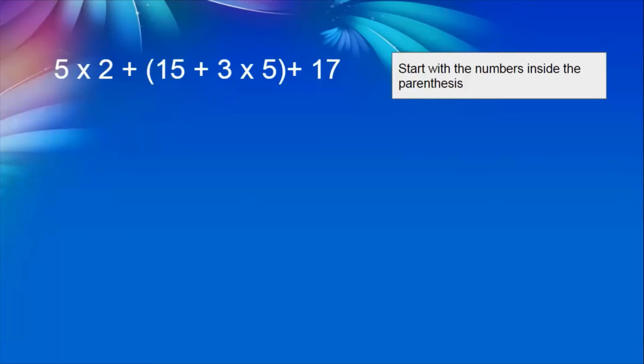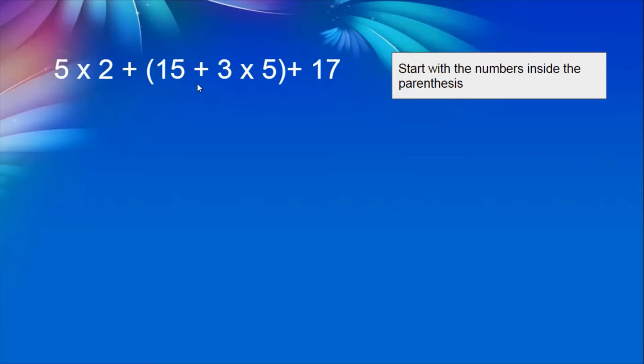Now, let us try this equation. 5 times 2 plus (15 plus 3 times 5) plus 17. Now, the rule PEMDAS tells us that we need to deal with the numbers which are inside the parentheses. So start with the numbers that are inside the parentheses. We have 15 plus 3 times 5.